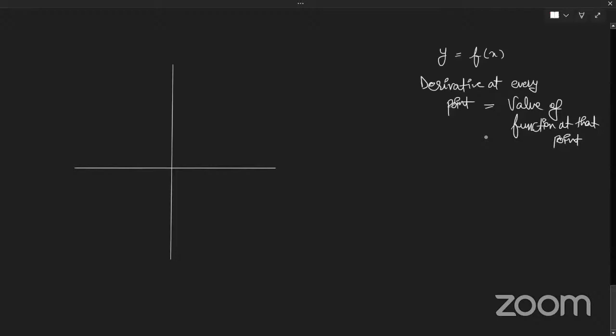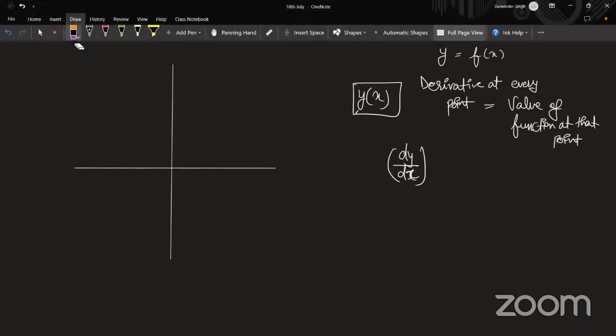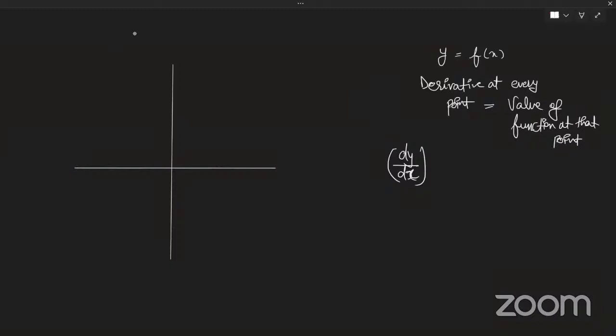In other words, the derivative at every point is dy by dx. I have a function y that only depends on x, y of x, like f of x.